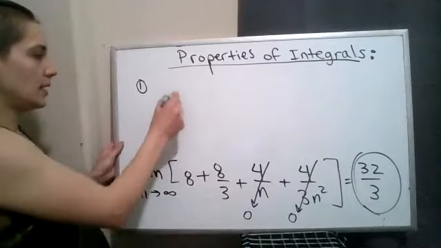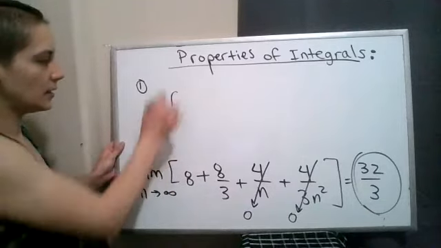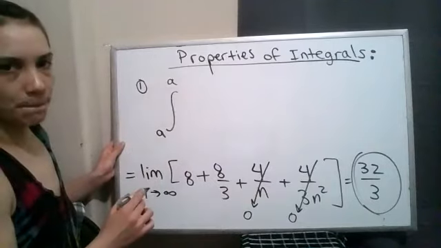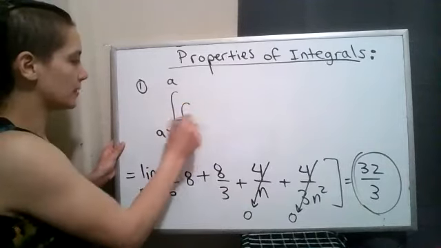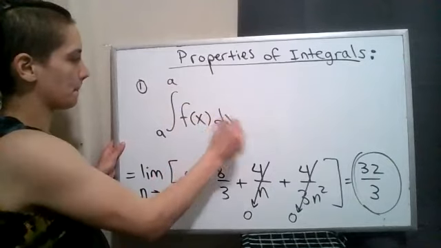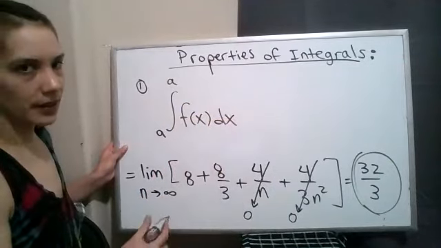So if you integrate from a to a for your function f of x, there's going to be 0 area.